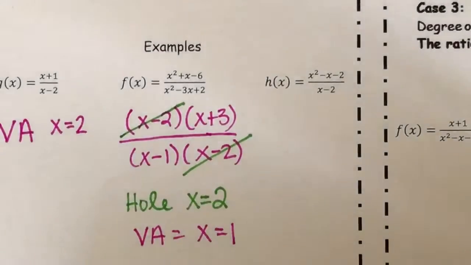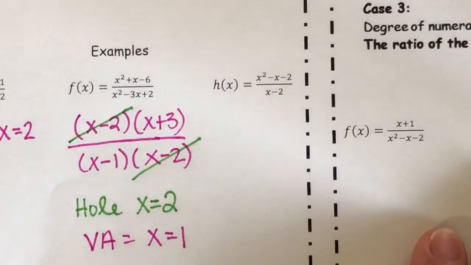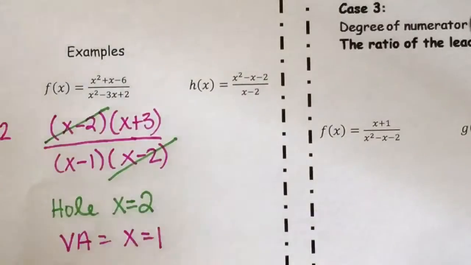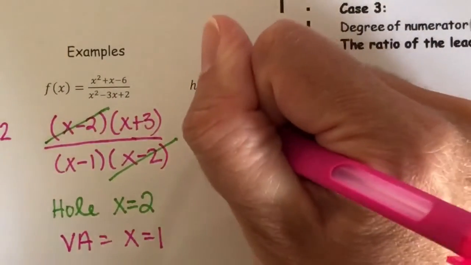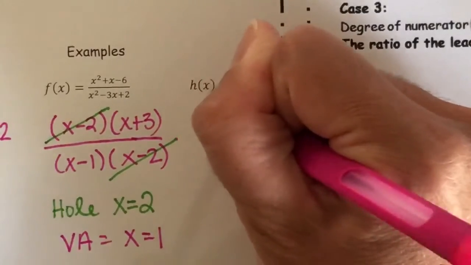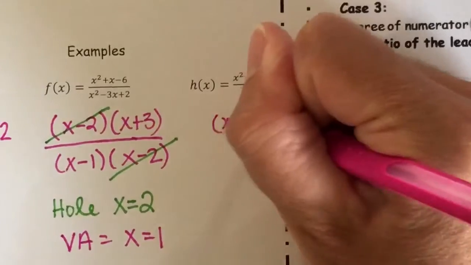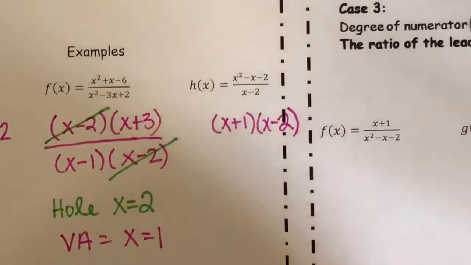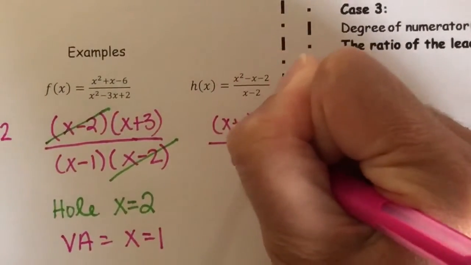And now the next function. Again, in order to determine the holes and the vertical asymptotes, we've got to factor. So the top factors to x plus 1 and x minus 2. And then notice how we've got this factor of x minus 2 in the denominator.